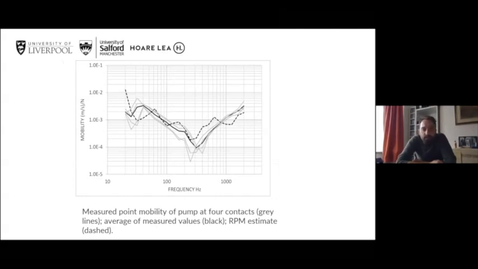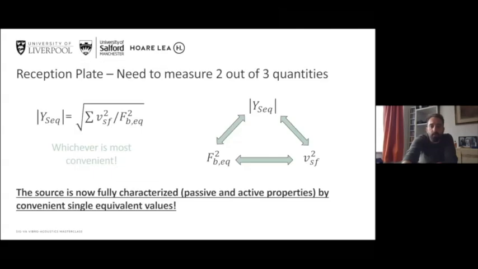This figure is similar. It's exactly the same line colours, but in this case it is for the small pump, and you can see very good agreement between the solid black line and the dashed black line, which is the data we need for predicting structure-borne power using the reception plate method.